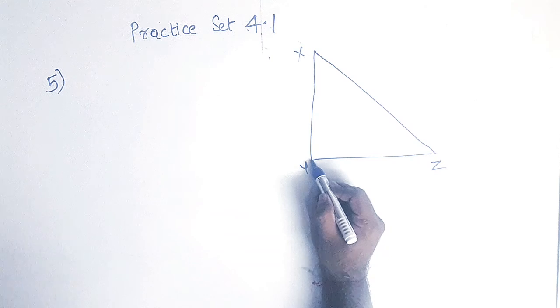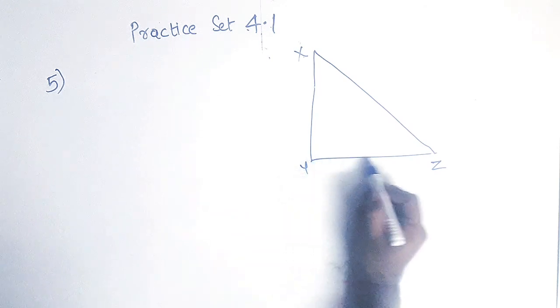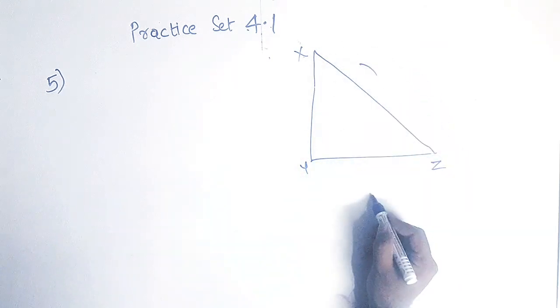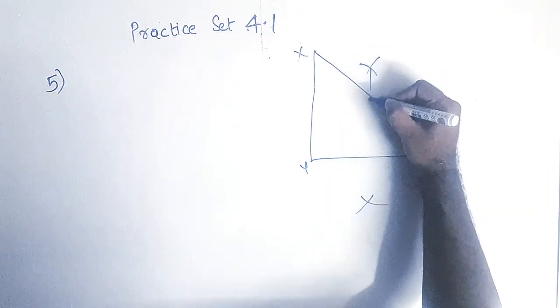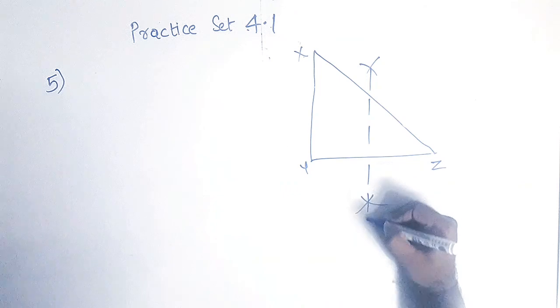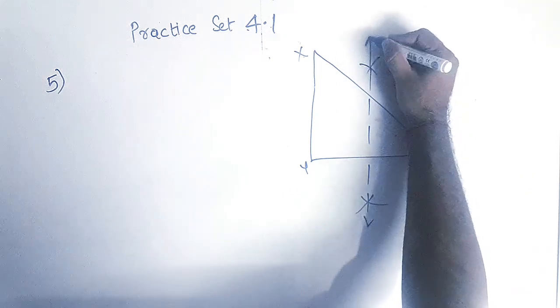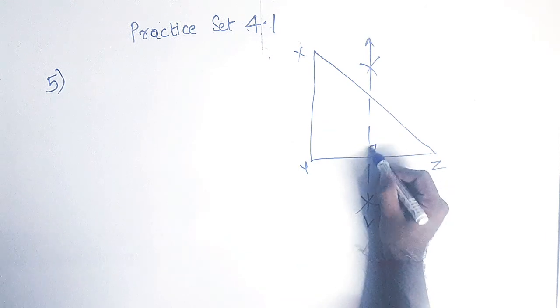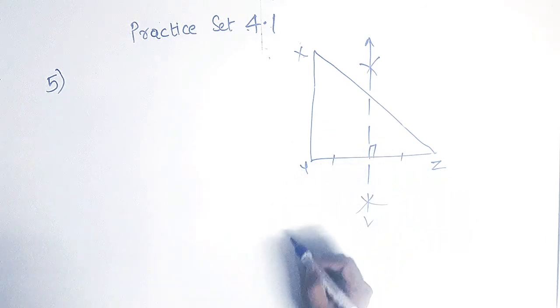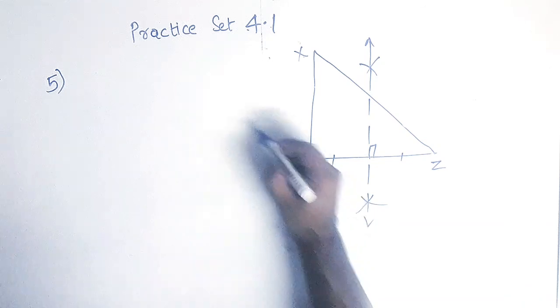How will you find the midpoint? This is Y, take more than half. Dotted lines. For XY draw a perpendicular mark, and for XY again the same.